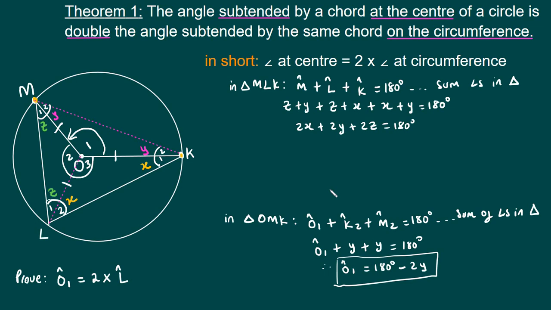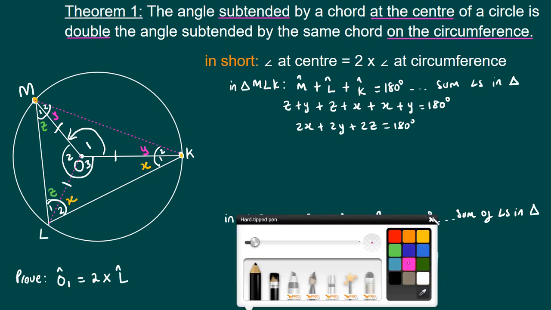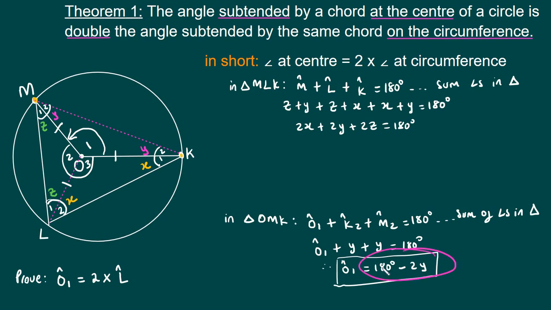Good. Now, you see that here you have 180 minus 2y, and then here you have 180, and there is 2y. So what is the next step? Make sure that you take that 2y and take it to the right.